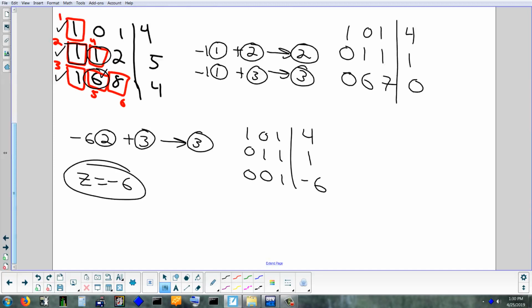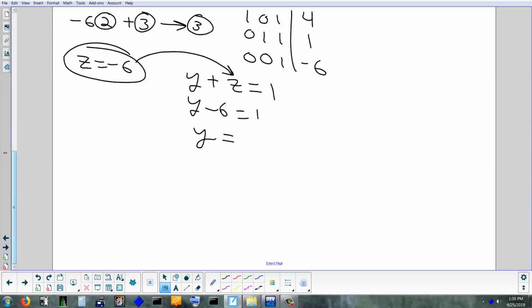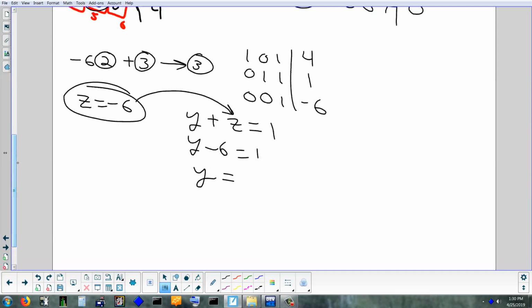What does this second row tell me if I wrote it out with letters? Y plus z equals 1. But we know z. Z is negative 6. So fill it in. Y minus 6 equals 1. So what's y? 7.